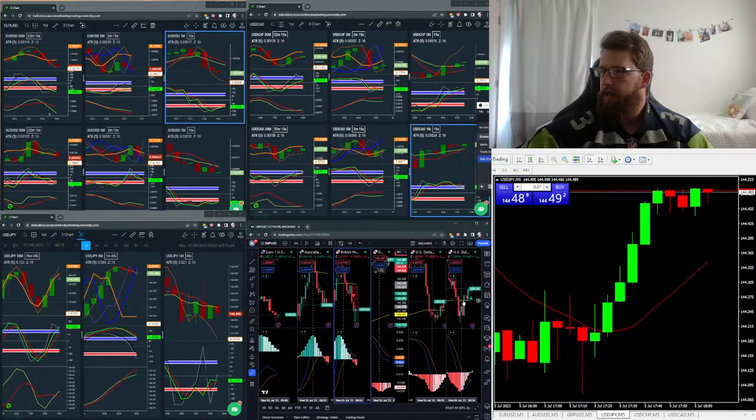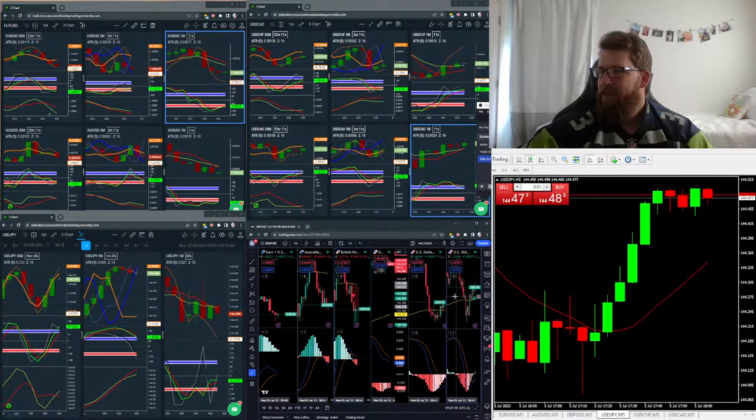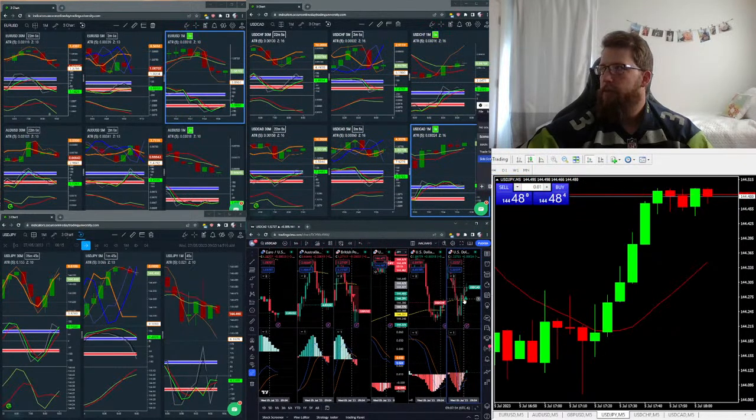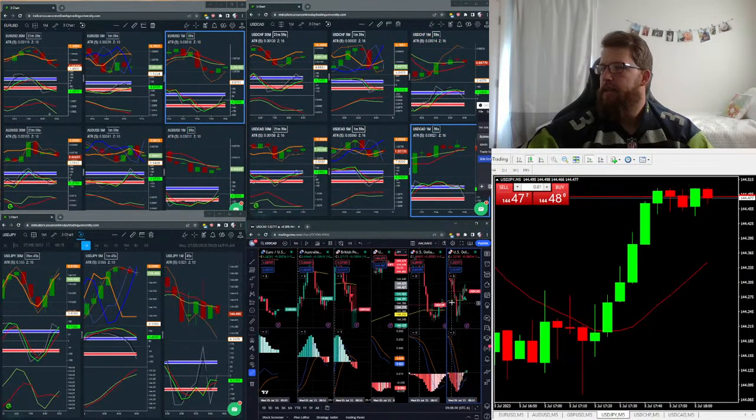Had another signal here, which again, kind of one of those a little scary taking trades when it's been playing around at the 200 EMA. I think the 200 moving average is actually the most popular indicator.